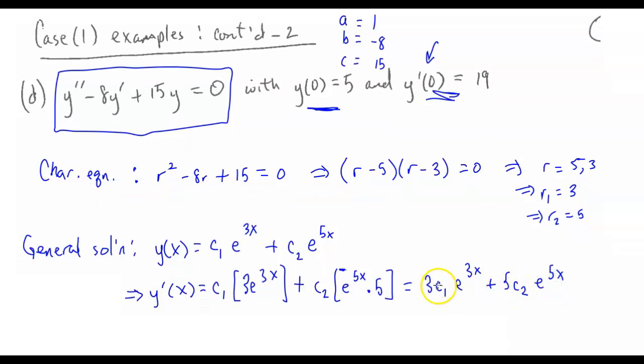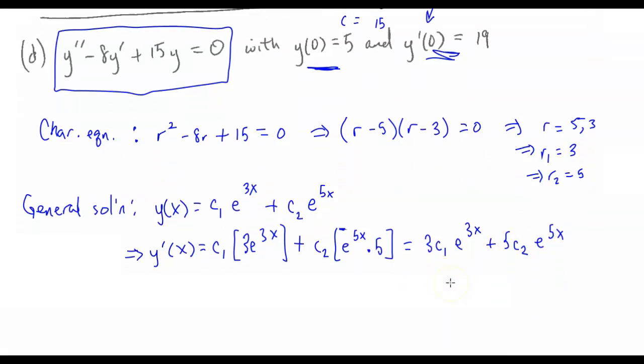And so now that we have our original function, that is a solution to this differential equation and its corresponding first derivative, we can use these initial conditions. So our initial condition of y of 0 is equal to 5.